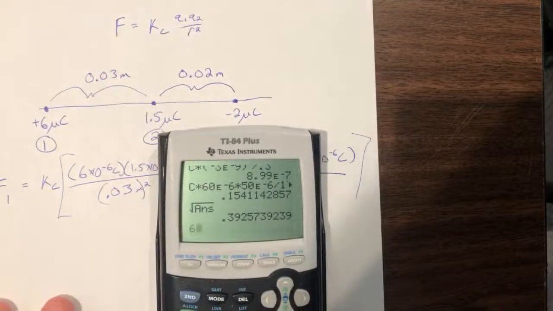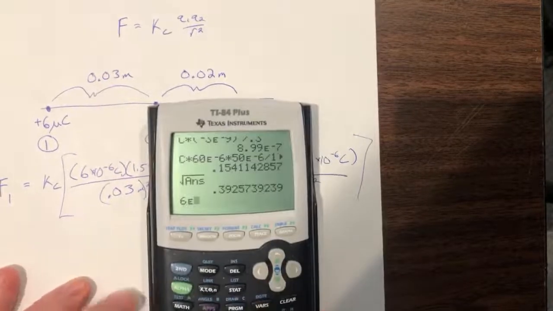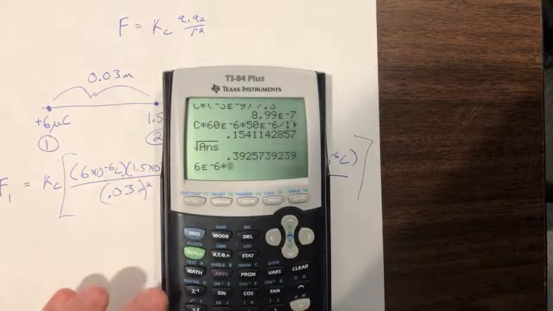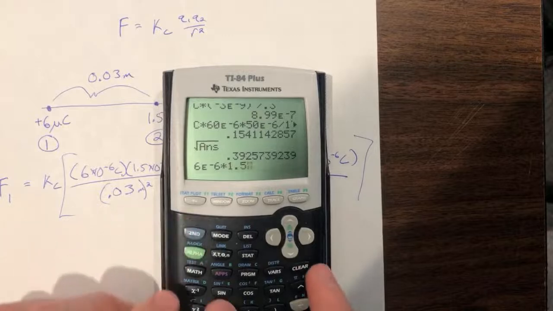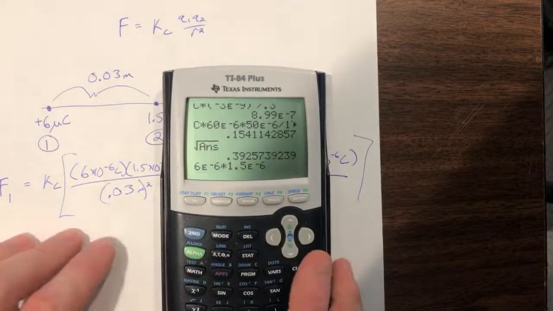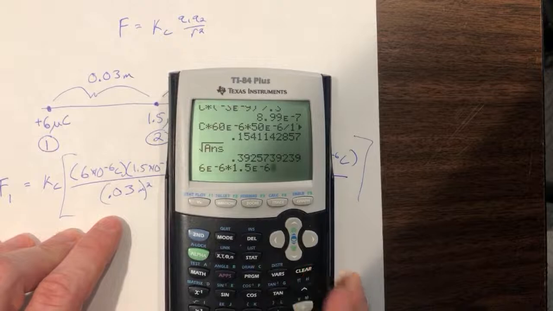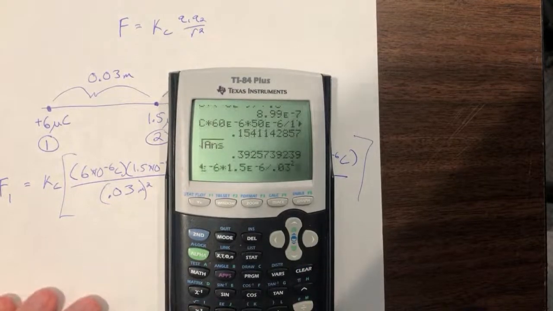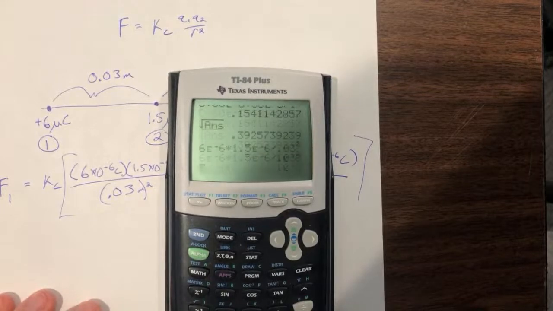So we're going to have 6 e negative 6 times 1.5 e negative 6. All right, that's going to give us a positive value divided by 0.03 squared, right? And I can go ahead and calculate that then.